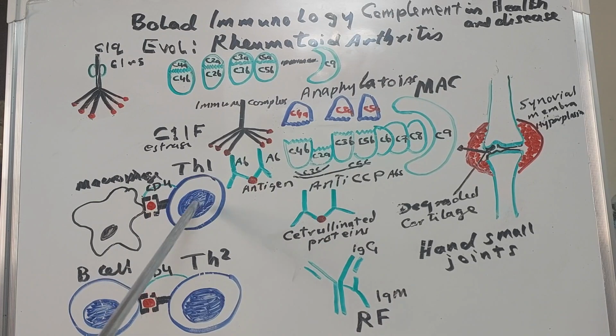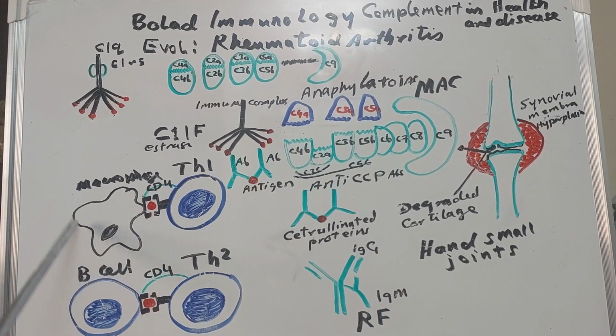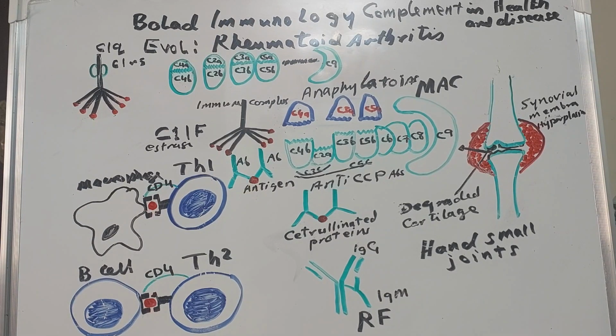Interferon gamma recruits more macrophages, and the recruited macrophages produce some cytokines, for example, tumor necrosis factor alpha and interleukin 1.